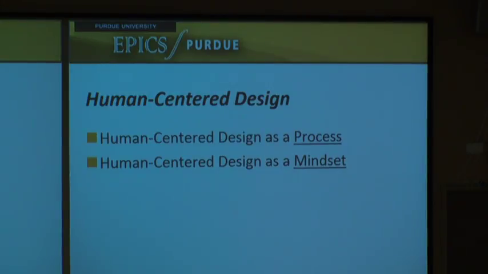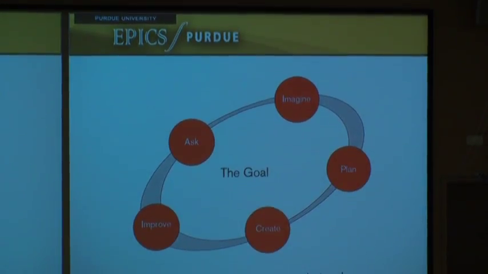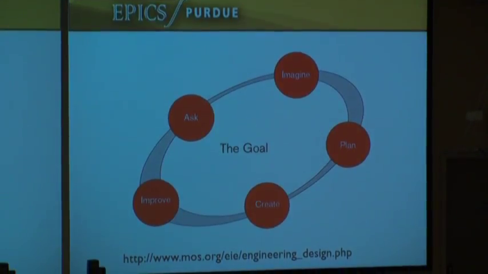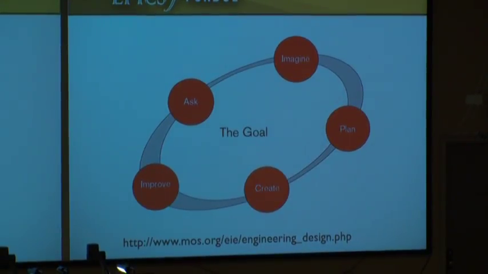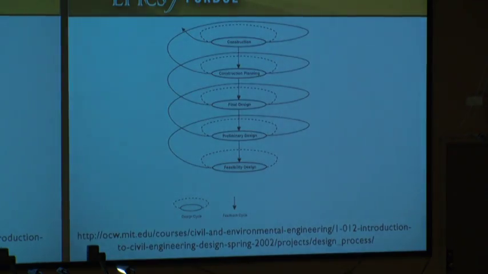There's also things related to process. So I don't know if you've seen, there's lots of design process models out there. You might have encountered them already. If you have an opportunity to work with a company, they're going to maybe have their own design process model that they do. There's this one from environmental engineering construction.